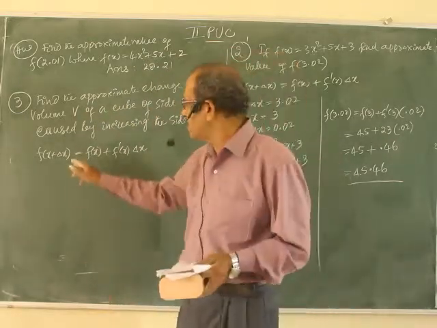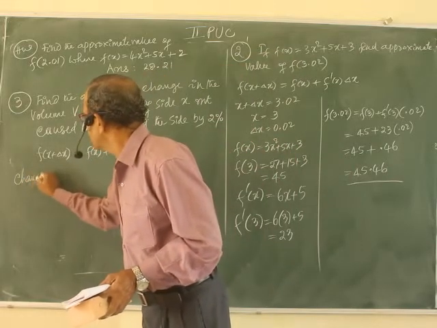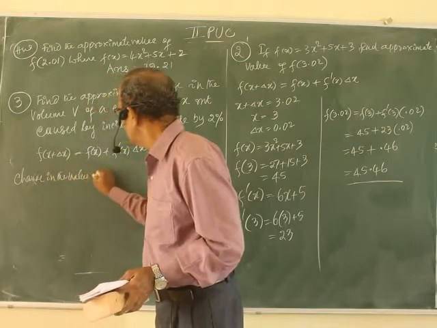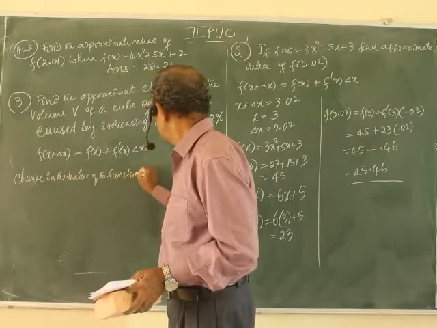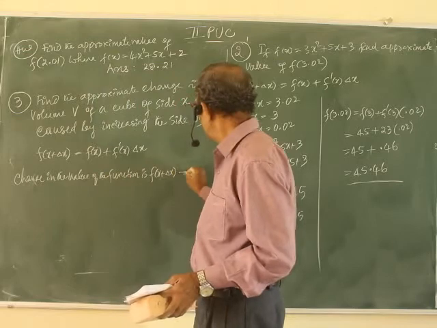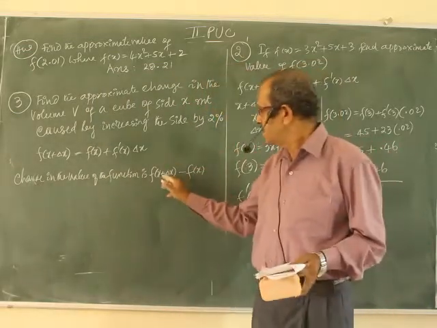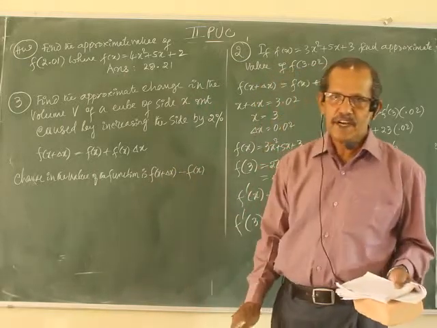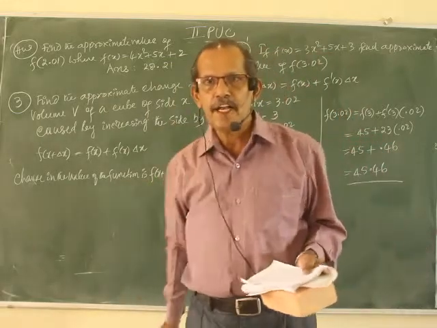Change in the value of the function is f of x plus delta x minus f of x. See, difference. Changed value minus the original value is the change in the value of the function.